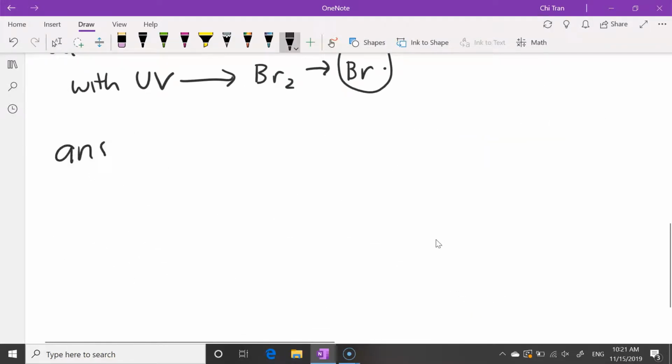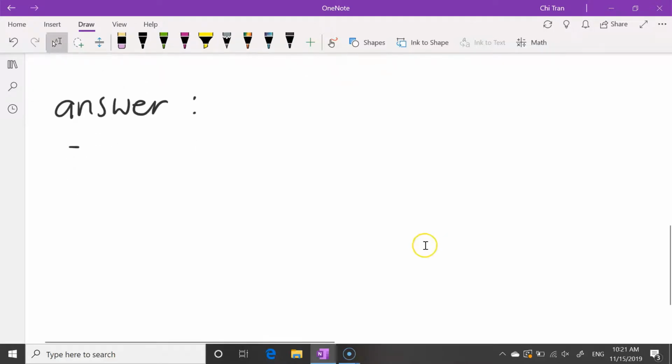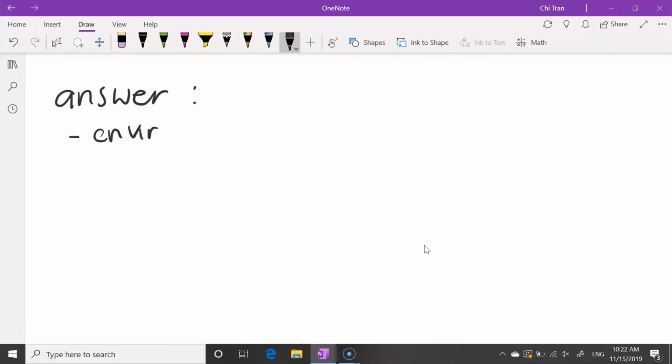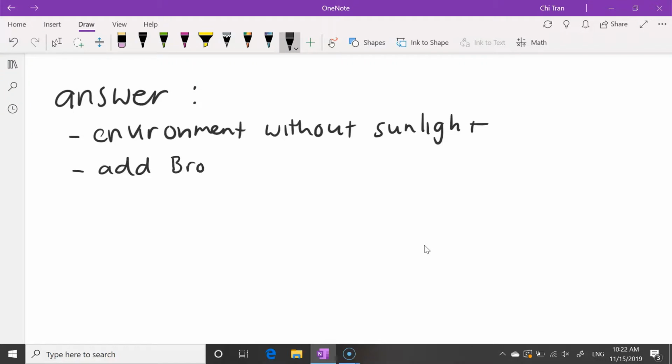So in our answer, here are a couple of key points that you would need to include in your final answer. So first, you need to state that the environment at which the experiment occurs is without sunlight. And the next step is to add bromine into both of the solutions.